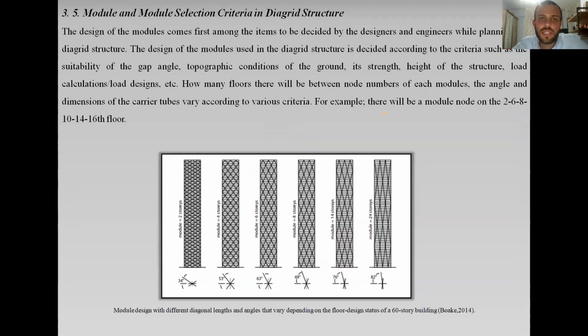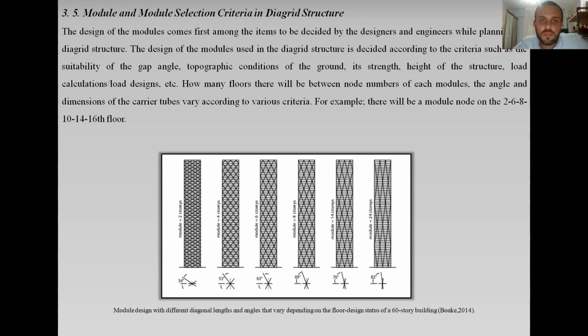Module and module selection criteria in the diagrid structure. The design of modules comes first among the items to be decided by the designers and engineers while planning the diagrid structure.